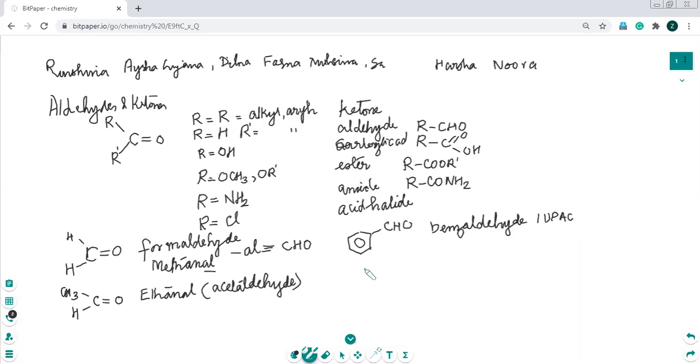Now once we take this benzene ring and the aldehyde hydrogen is replaced by CH3, it becomes a ketone. Okay, alkyl group and aryl group. The common name of this is acetophenone.